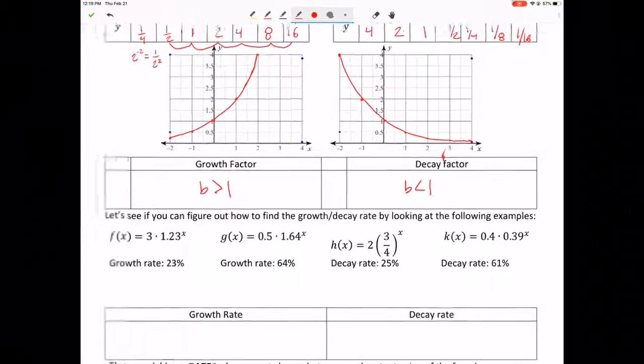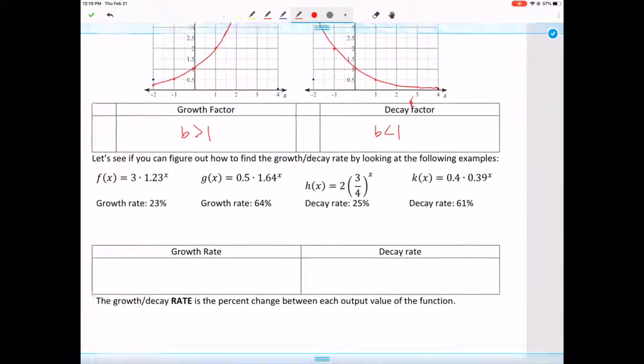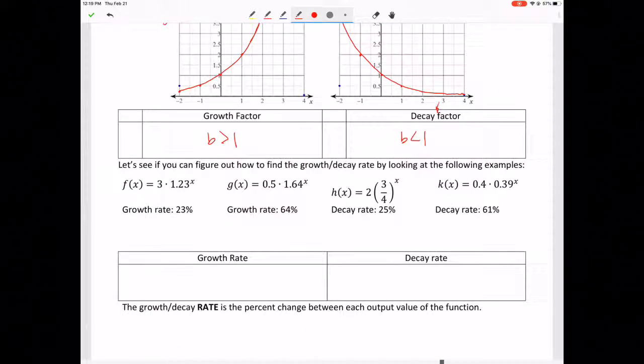All right, so looking at the next thing, see if you can figure out how they end up giving us the growth rate. So on your homework and on your quizzes and your test, you'll be asked, given an equation, something like that, you would need to write down what is its initial value, what is its growth or decay rate, and what is your growth or decay factor.